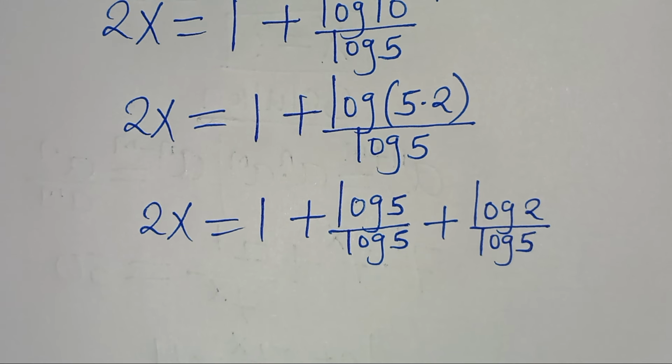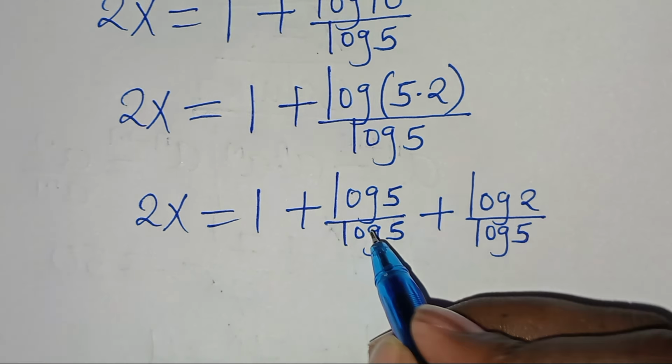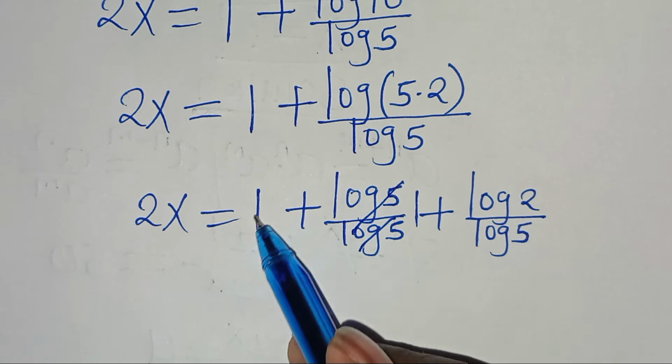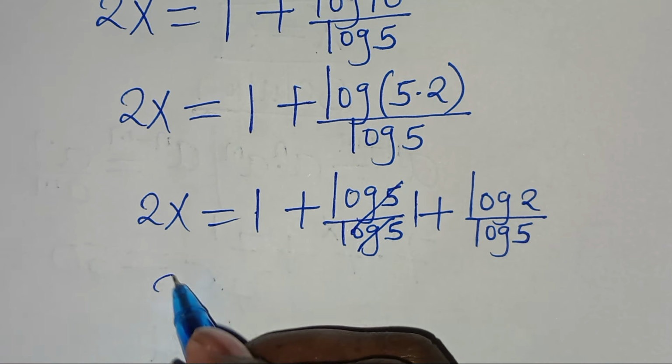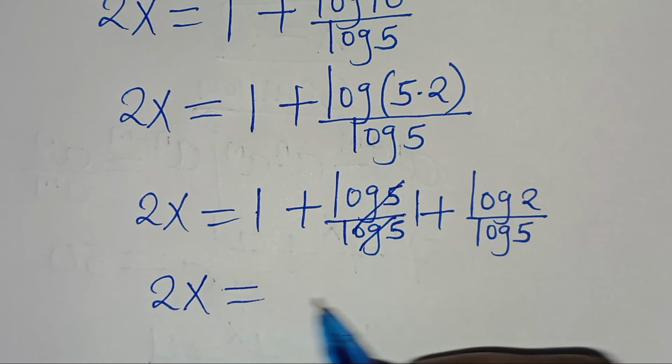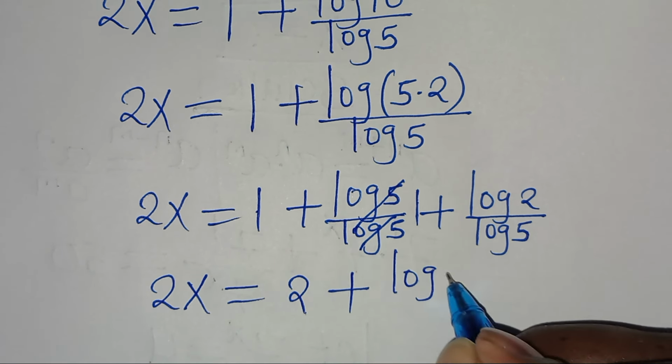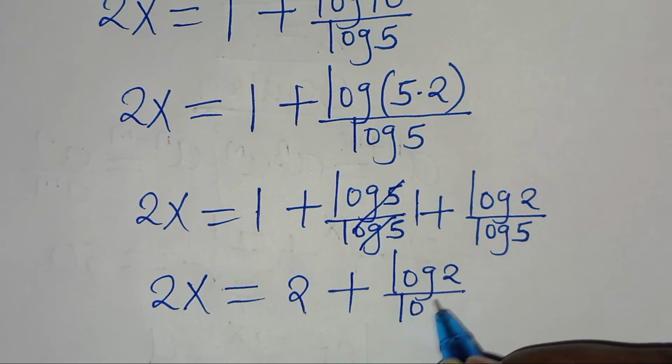Now, let's simplify here. This is log 5 over log 5. This is 1. So this is 1 plus 1, and therefore we have that 2x is equal to 2 plus log 2 divided by log 5.